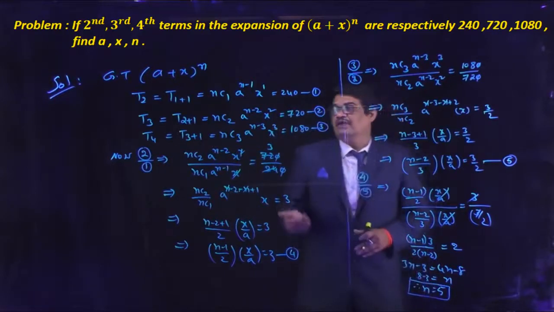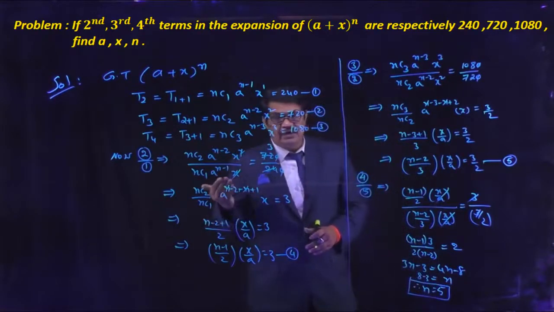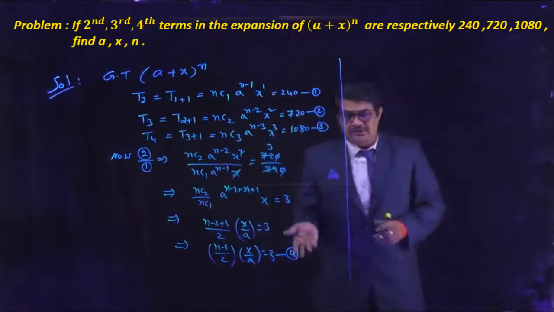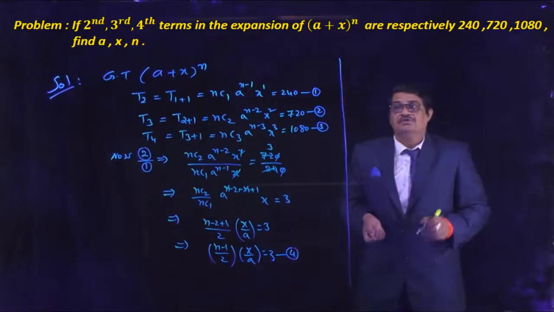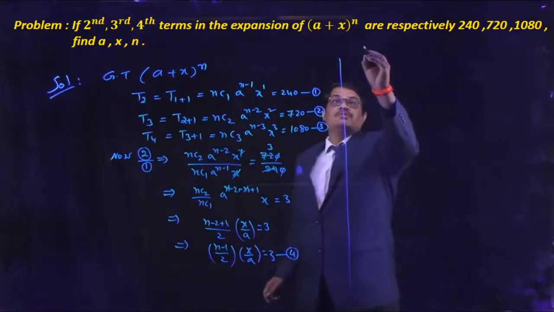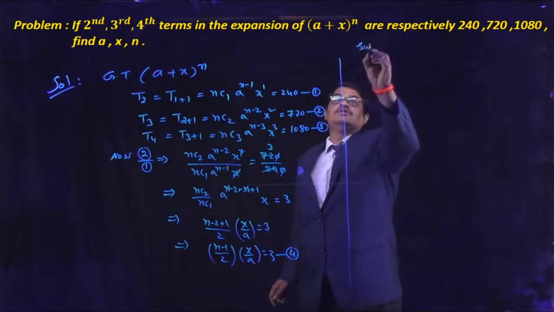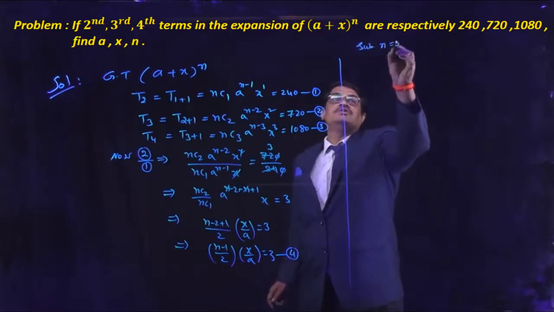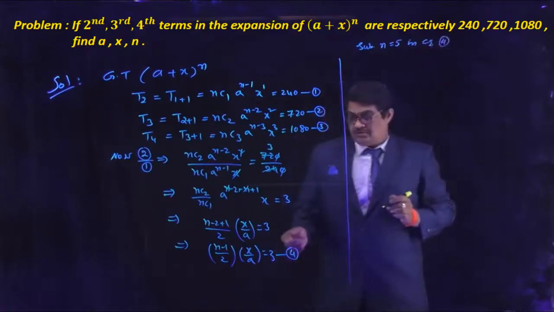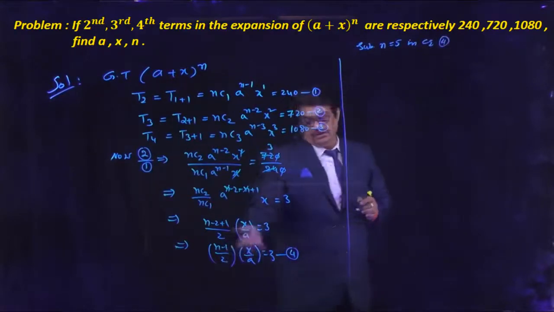Now we have to find the x value and also the a value. We have n equal to 5. Now substitute n equal to 5 in equation 4.